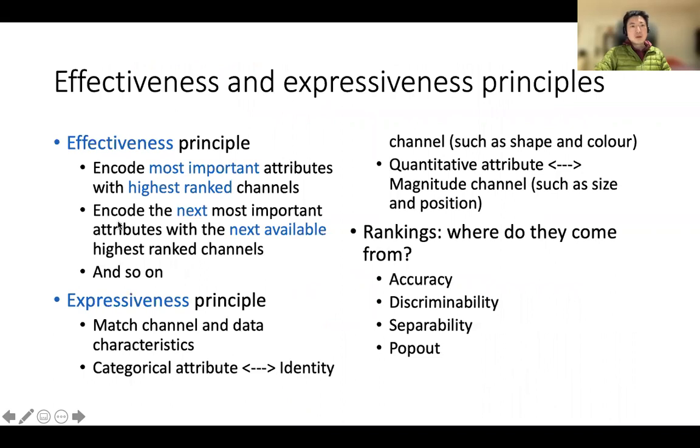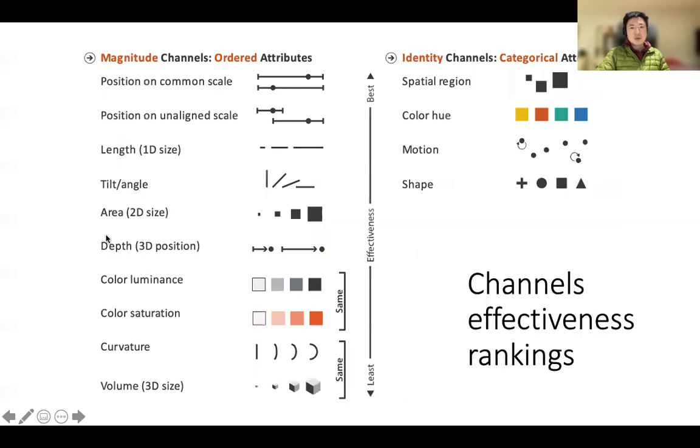Then if you have a second attribute, in this case maybe the category of the product, maybe that's what you're interested in, looking at how the profitability changes across categories. Then the next most important attribute will be the category. Then you pick the most effective channel for category. Again, first check whether it is a number or a categorical value.